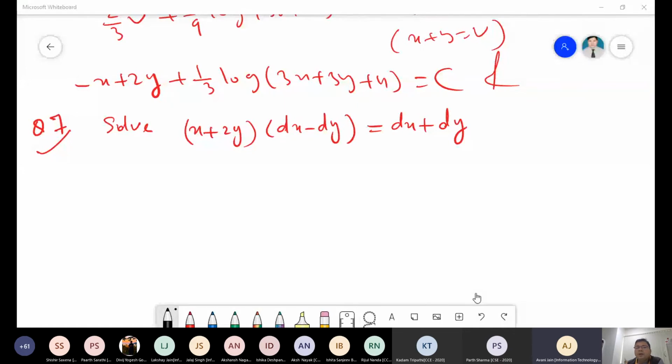Avni, good. So this is a special case means what? Special case means small a upon capital A and small b upon capital B. What ratio are you getting? 1:1. Very good. So you solve this and give me the answer, Avni.